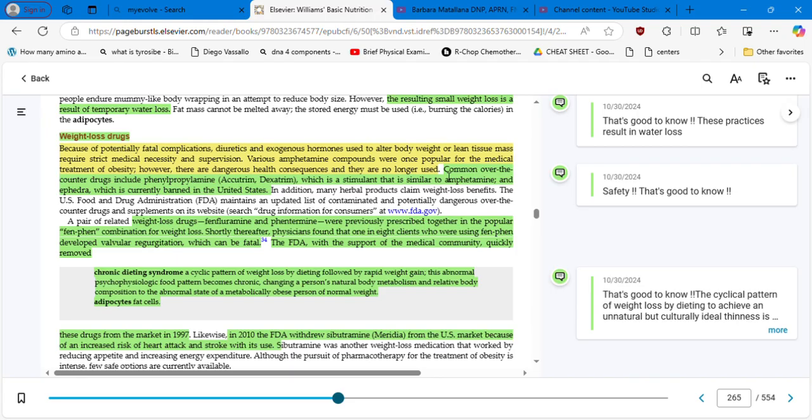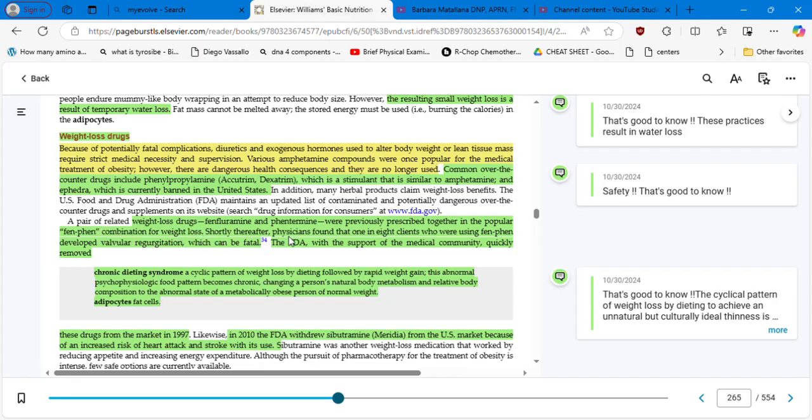Common over-the-counter drugs include phenylpropanolamine, Acutrim, and Dexatrim, which is a stimulant similar to amphetamines, and ephedra, which is currently banned in the United States, thank God. Then we have weight loss drugs like fenfluramine and phentermine, previously prescribed together in the popular Fen-Phen combination.